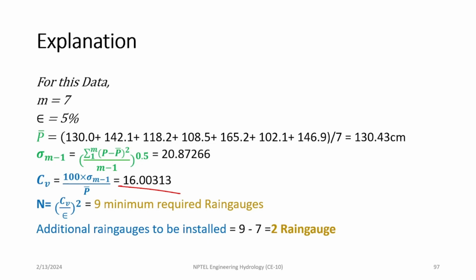So we are getting 0.48. Okay, you are getting 0.48 what? Sigma m minus 1. No, 0.48 square we need to do. So under root of 0.230 divided by 6.5 divided by 6.